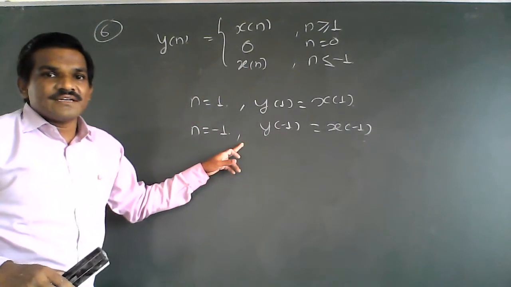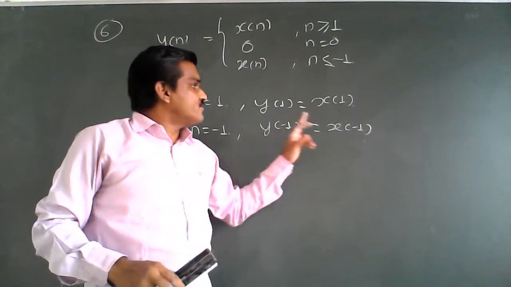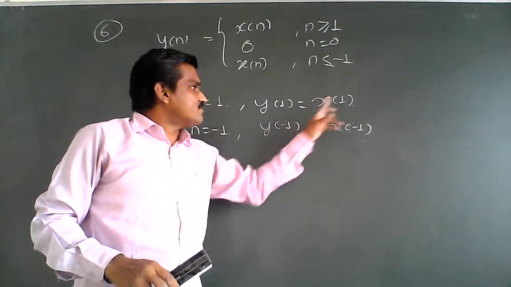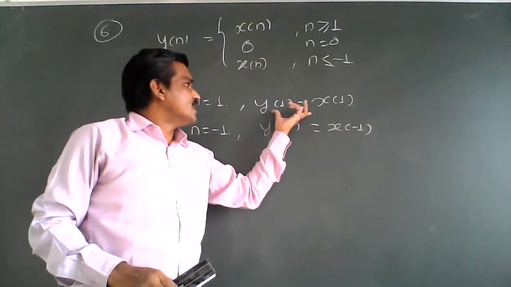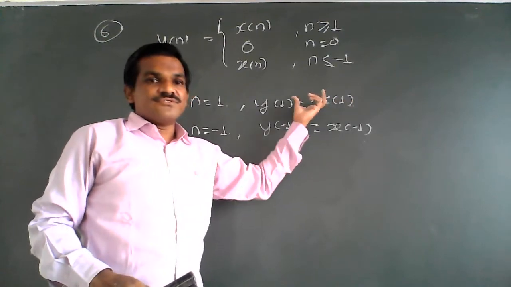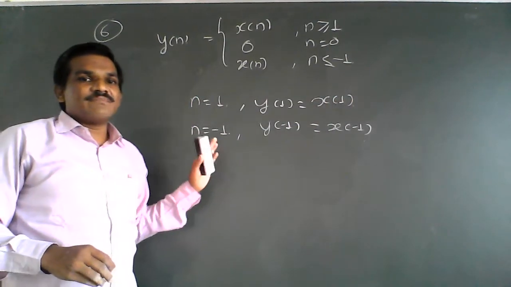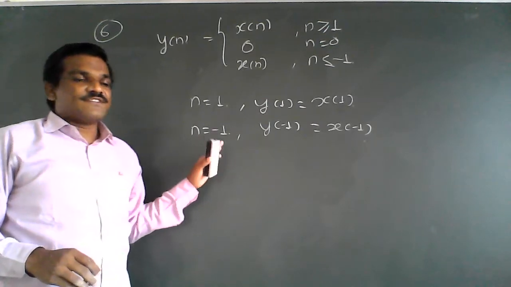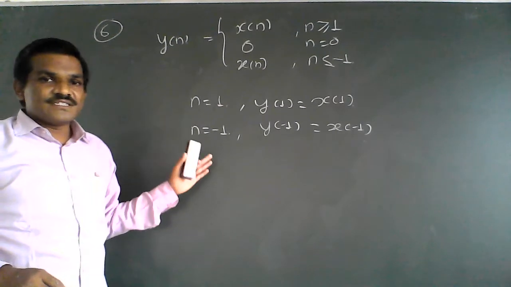So we can say that the output depends upon the present values of input. The definition of causality tells that if the output depends upon the present and past values, then we call the system causal.